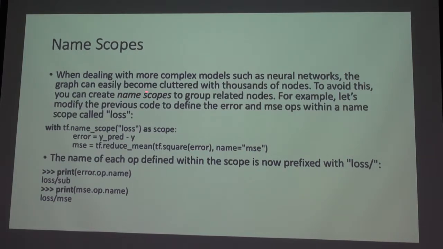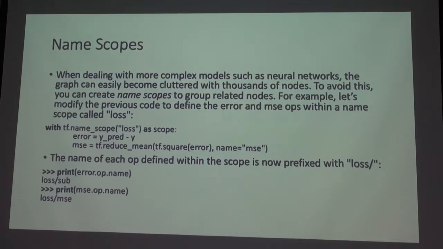So when dealing with more complex models, for example neural networks, the graph can easily become cluttered with thousands of nodes, because in a neural network, normally each layer is separated, and each layer may contain hundreds of nodes.